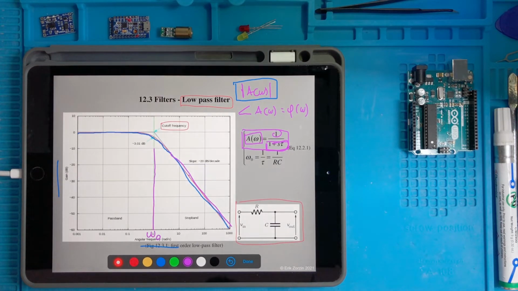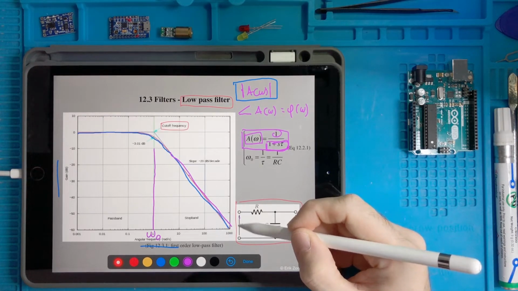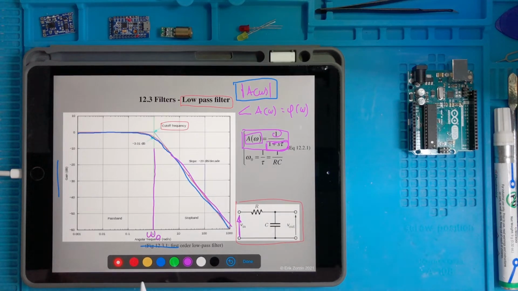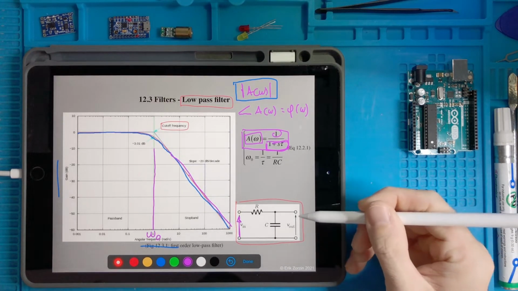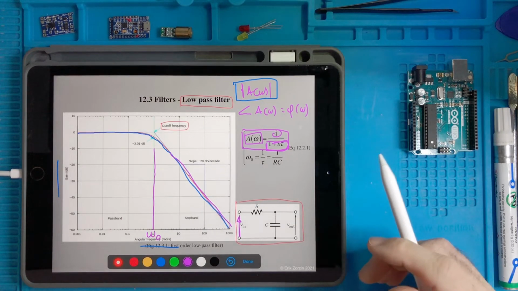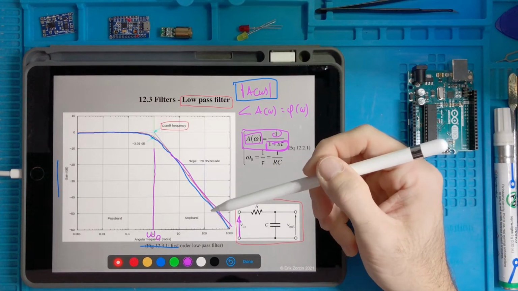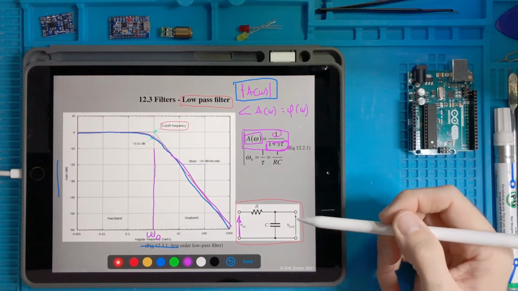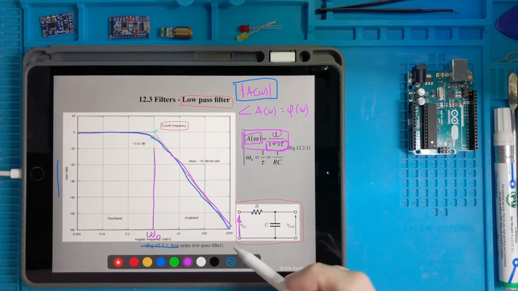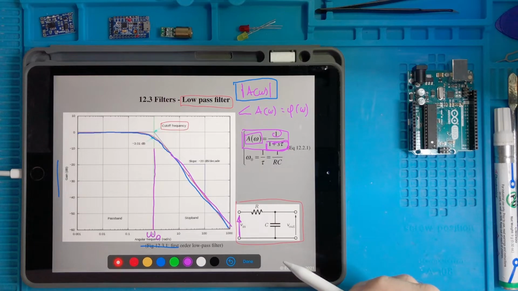Okay, so this thing is called a low pass filter because if you apply a signal here having a representation in terms of Fourier, so you have a signal which is the superposition of many frequency components, at the output you don't find all of them equally passed. The ones which have a higher frequency will be attenuated more and more as the frequency of those components is big.